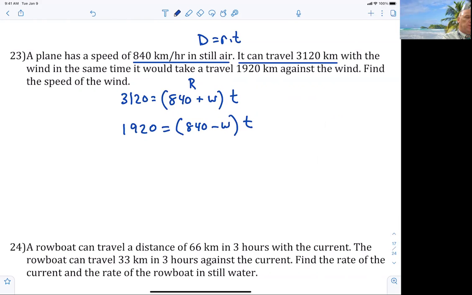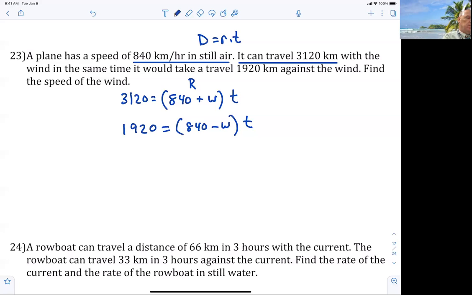So 3,120 equals 840t plus wt, and then 1,920 equals 840t, but now it's minus wt. Does that make sense? And now what happens? Those cancel, right?